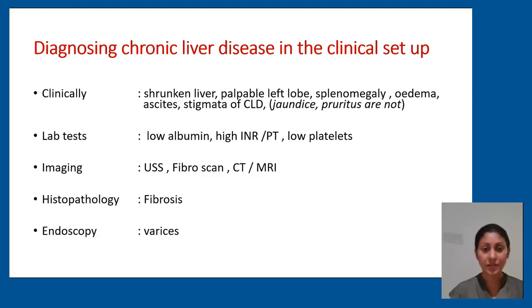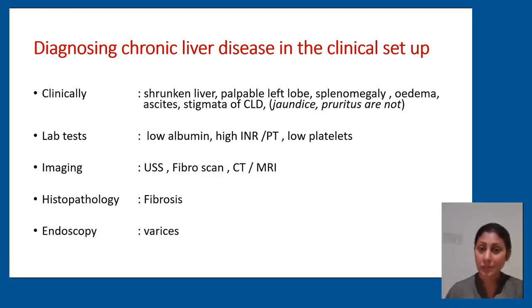If they present with jaundice, it's not necessarily chronic liver disease. It may be just an acute hepatitis. On examination, if you have a shrunken liver, we know on routine abdominal examination, we perform percussion. And if there's a reduced liver span or shrunken liver, we would think about chronic liver disease.